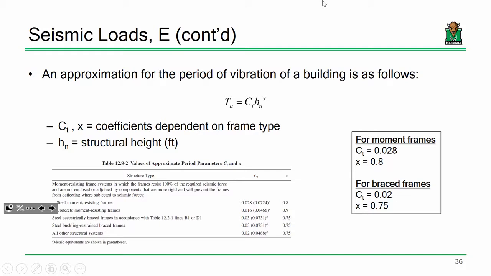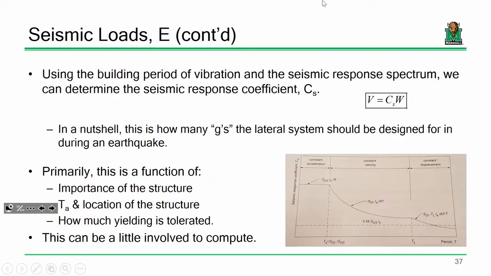In other words, a brace frame is going to behave a little differently than a moment frame. This is a table directly out of ASCE 7. You can see there's steel moment resisting frames, concrete moment resisting frames, all sorts of stuff. I just blew up the values that are going to be important for us: brace frames and moment frames.